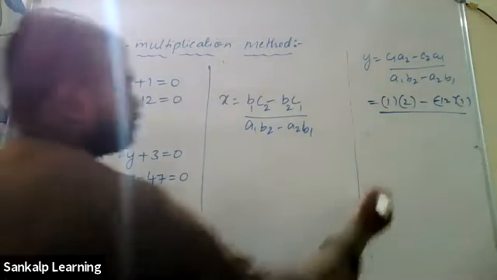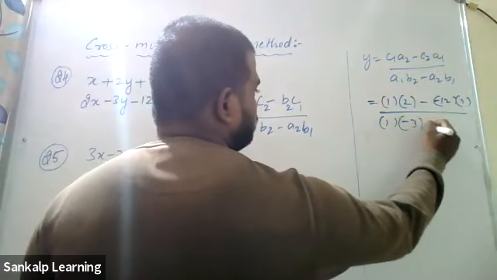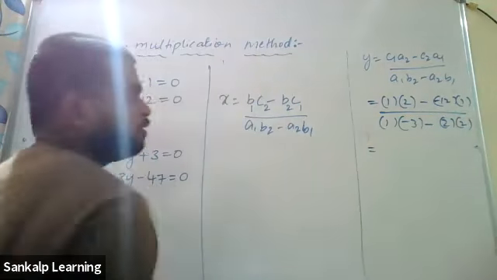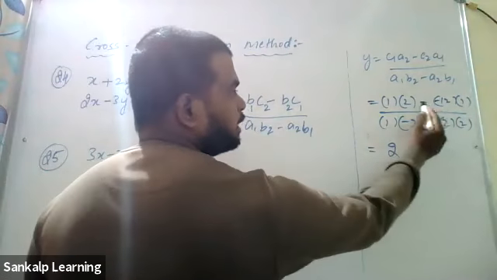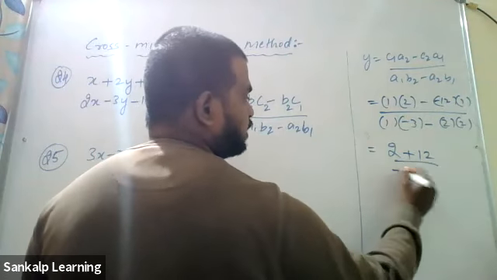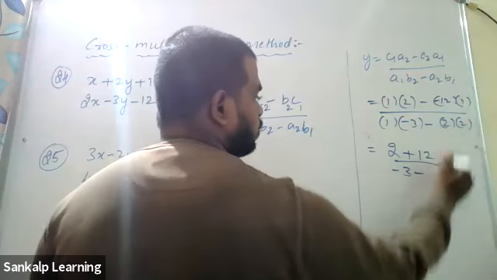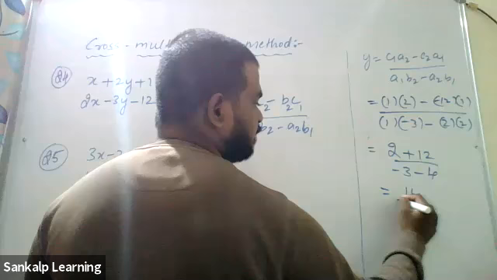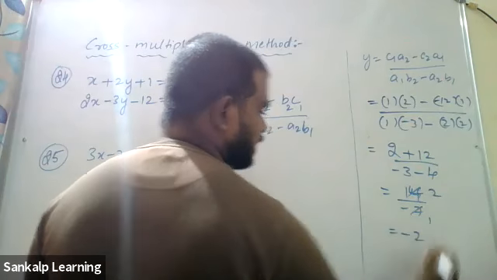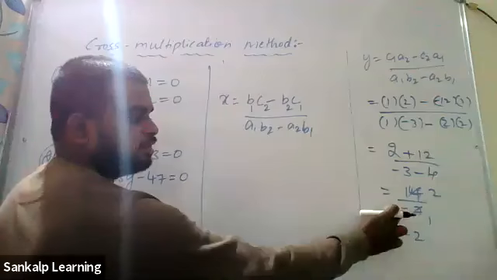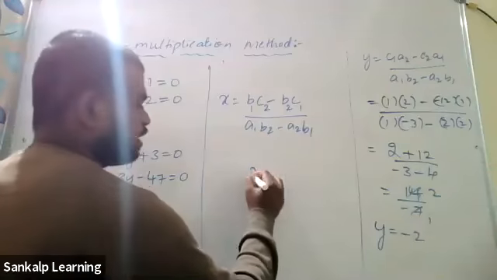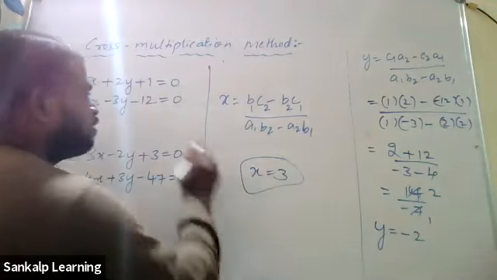A1 is 1 into minus 3, minus 2 into 2. 1 2s are 2. Minus into minus is plus. 12 ones are 12. 1 into minus 3 is minus 3. 2 into 2 is 4. So it is 14 divided by minus 7. Therefore, it is negative 2. Therefore, the y value is minus 2 and the x value you should have got as 3 for the first problem.